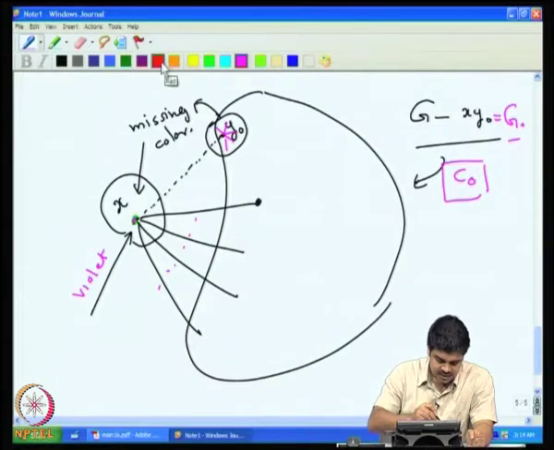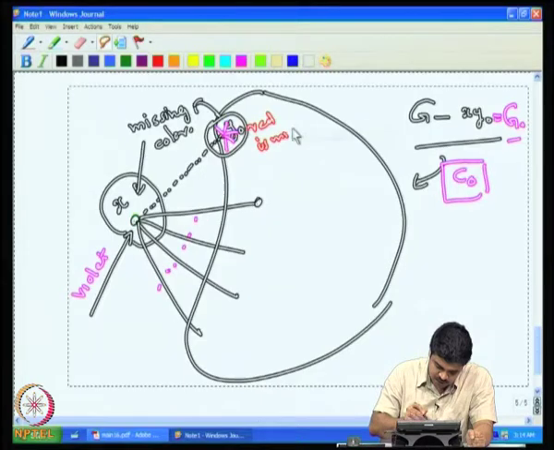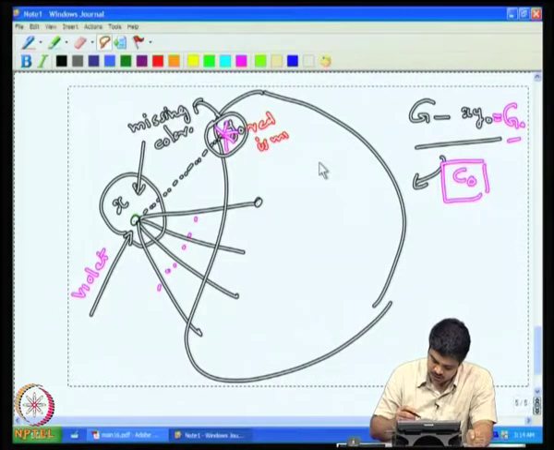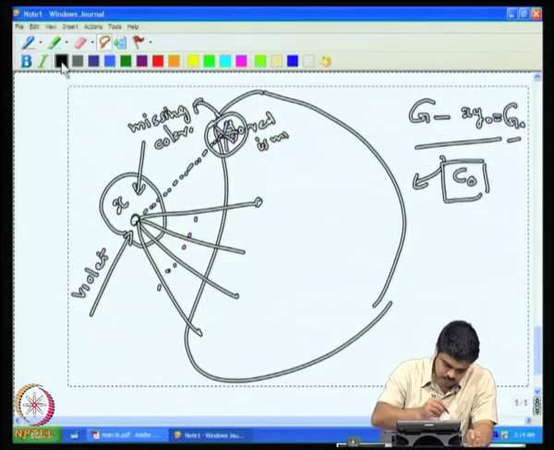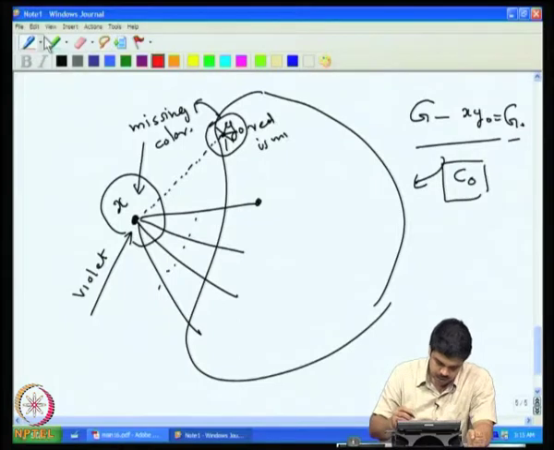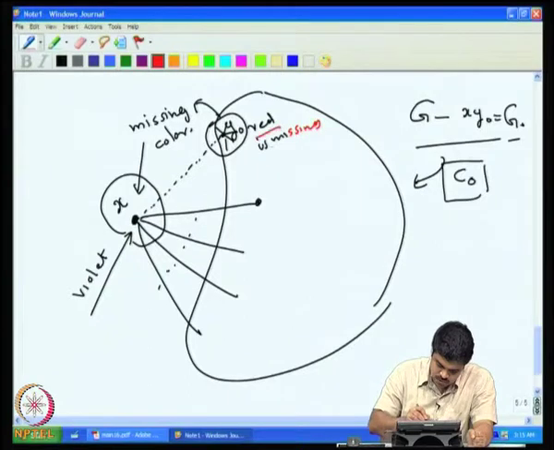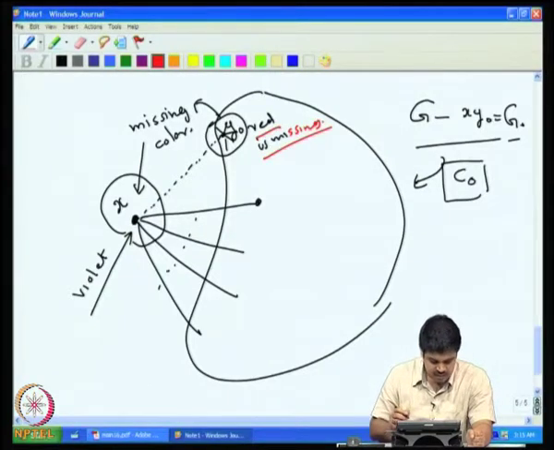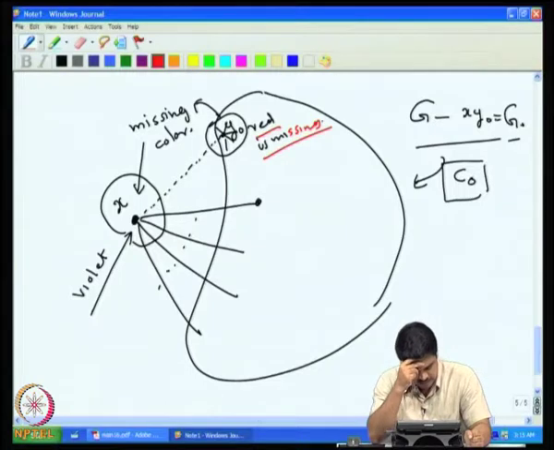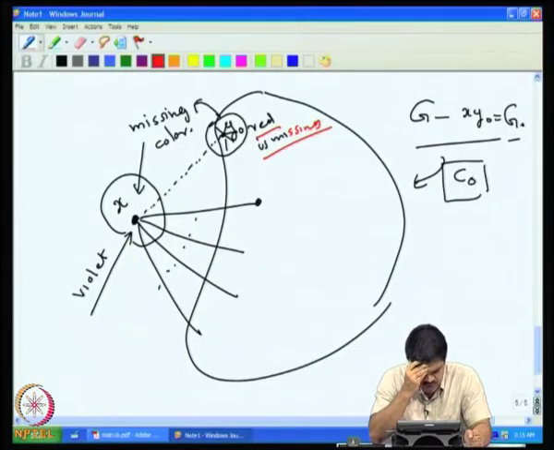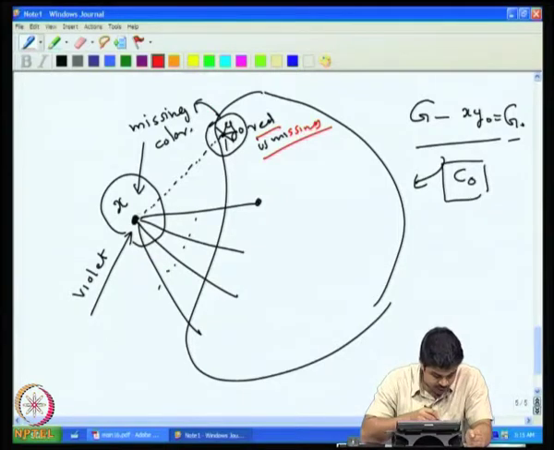So let us say red is missing here. If red is missing here, then red cannot be missing at x.